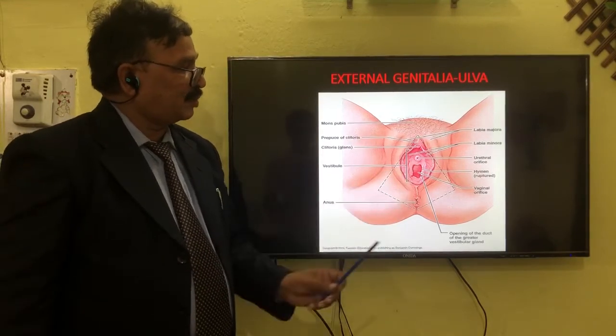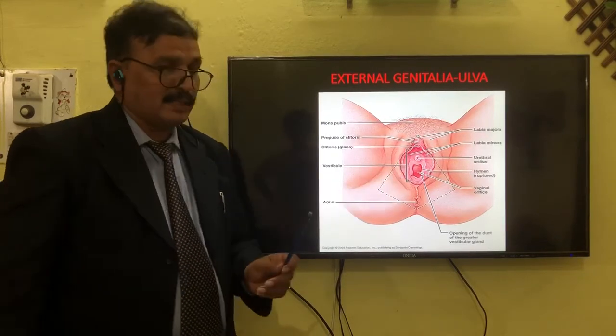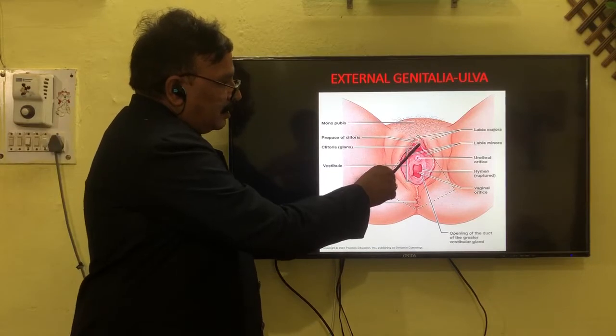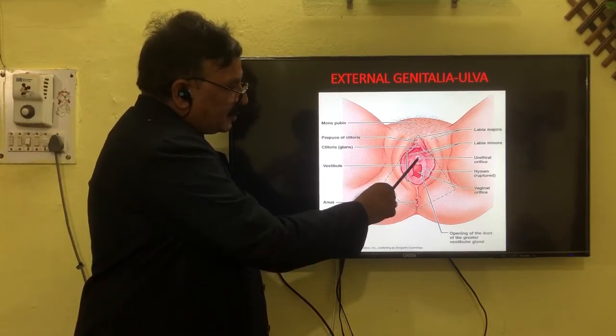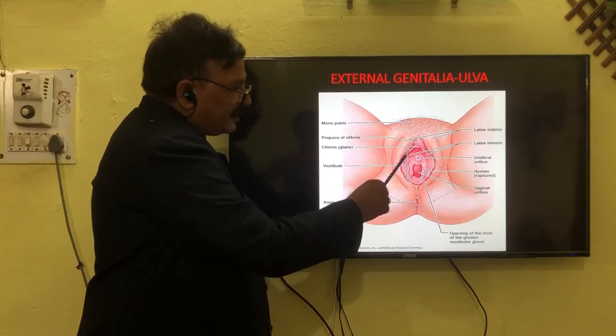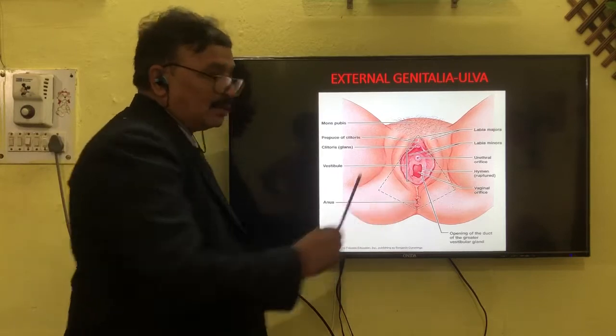Just above the urethral orifice, there is a muscular organ called the clitoris. See, on either side of the vaginal orifice and urethral orifice, there is a thin skin fold called labia minora, like doors.